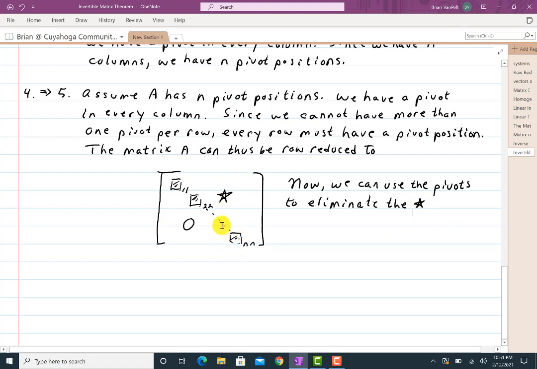Then move back to n-1, and eliminate all the items above it. Continue going backwards until you get to the start. So we can use these pivots to eliminate the star to get, so we can get a 0 above and below like so.